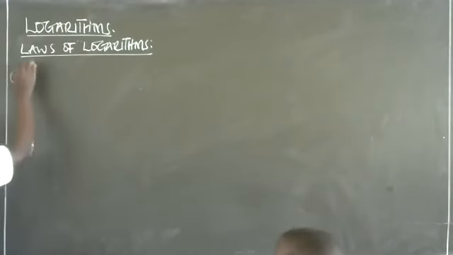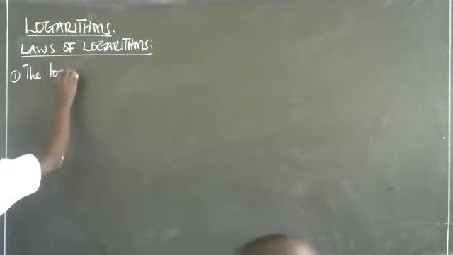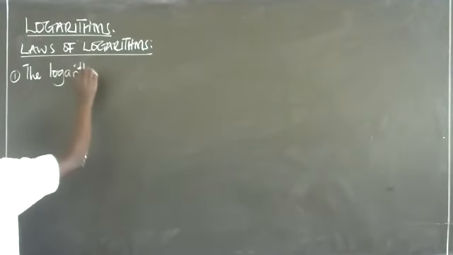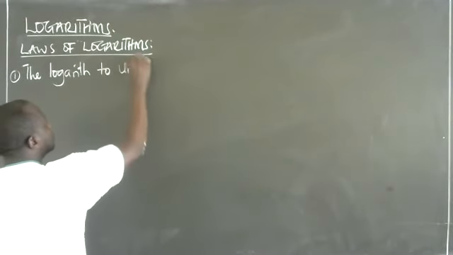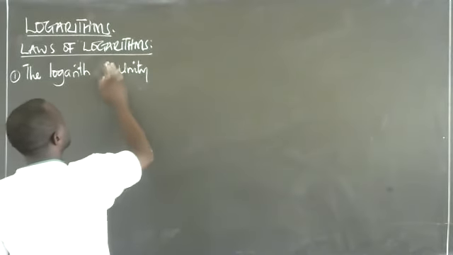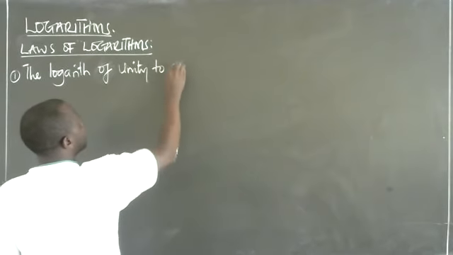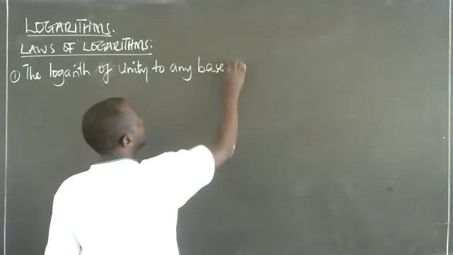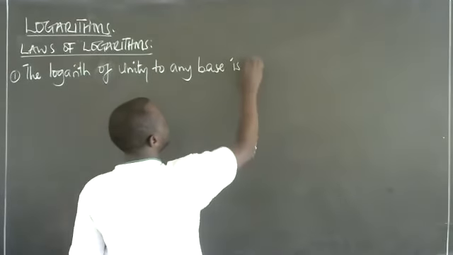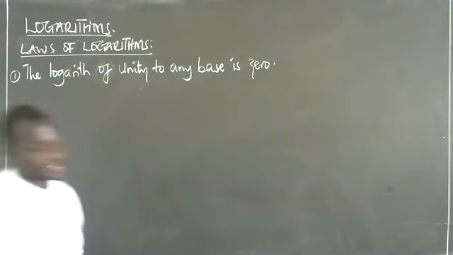The law is the logarithm of unity in any base is 0. What does this statement mean?